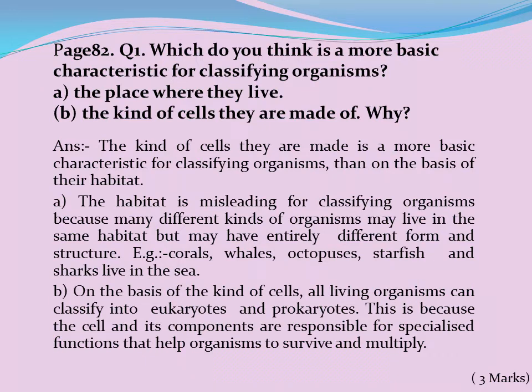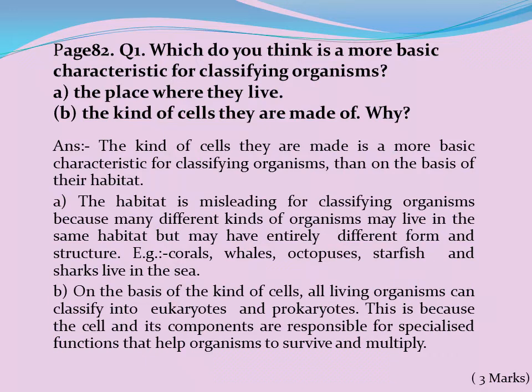A. The habitat is misleading for classifying organisms because many different kinds of organisms may live in the same habitat but may have entirely different form and structure. Example: corals, whales, octopuses, starfish and sharks live in the sea.